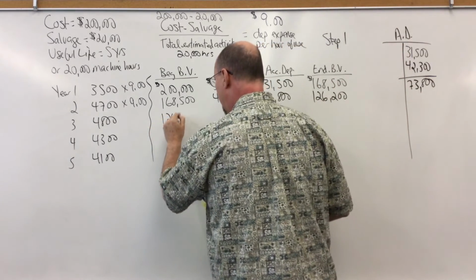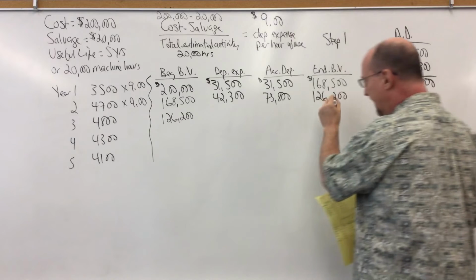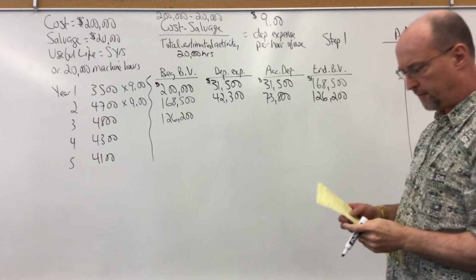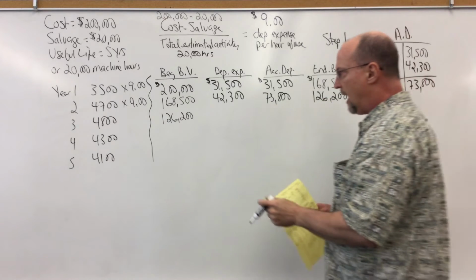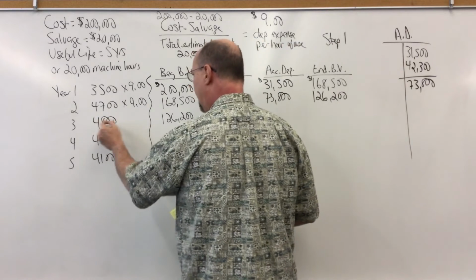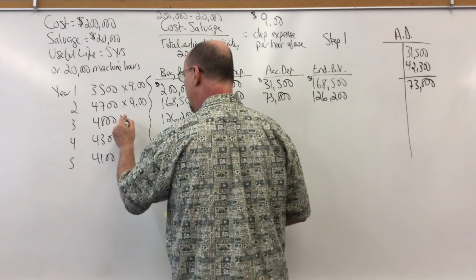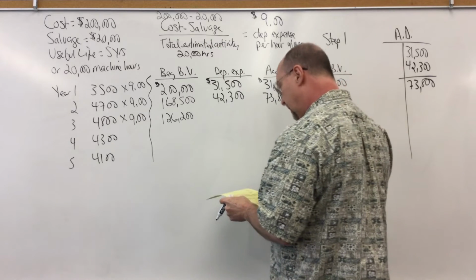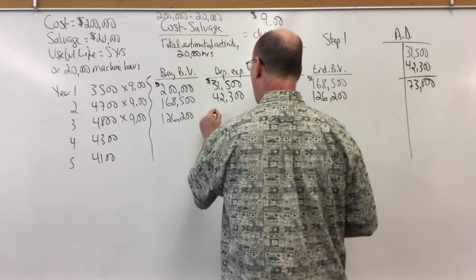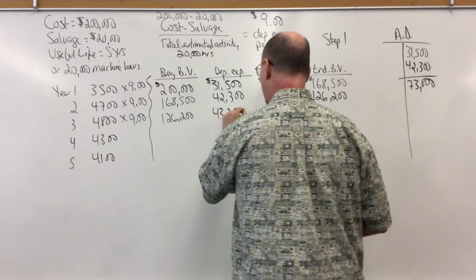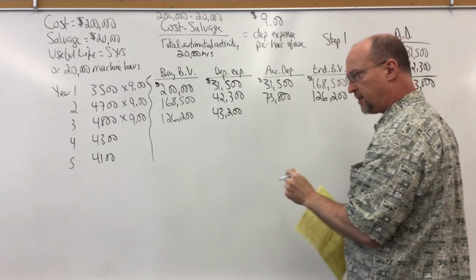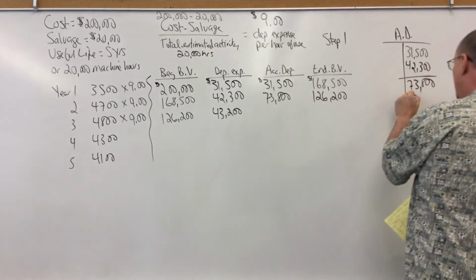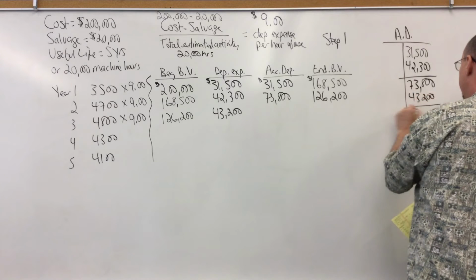Beginning book value for year 3 is year 2's ending book value, 126.2. I multiply the 4,800 hours of usage in year 3 times 9, and that gives me $43,200 of depreciation expense in year 3.